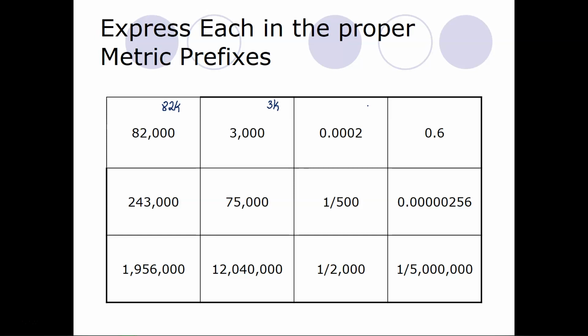Uh, 0.2 kilo. Nope. So if we go back to this again, we've moved it 3 places. That would have been milli, but I don't have a number in front of that decimal yet. So I've got to move it another 3 places.